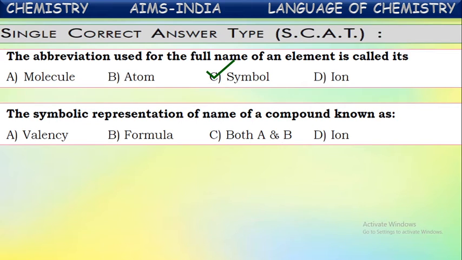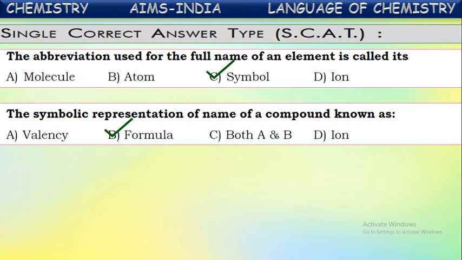The symbolic representation of the name of a compound is known as. Yes, in the same way as a symbol is given for the element's name, the name of a compound is also given a shortcut or short representation. The symbolic representation of the name of a compound is called its formula.